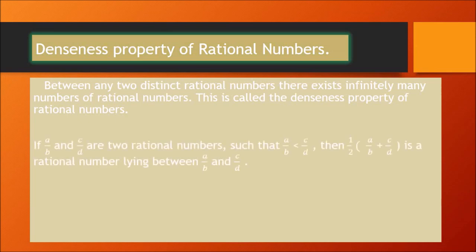If a/b and c/d are two rational numbers such that a/b is less than c/d, then 1/2 multiplied by (a/b + c/d) is a rational number lying between a/b and c/d. It means we can find a rational number between two distinct rational numbers by taking the average of the two given rational numbers.